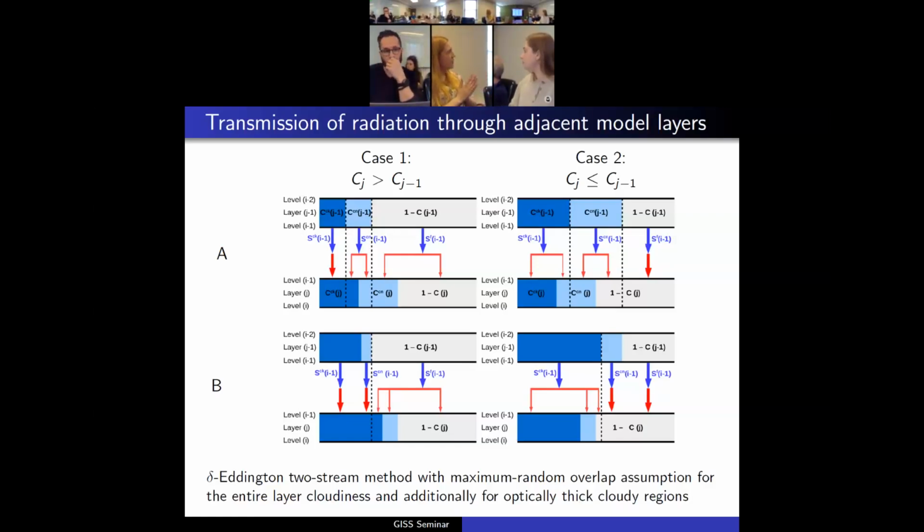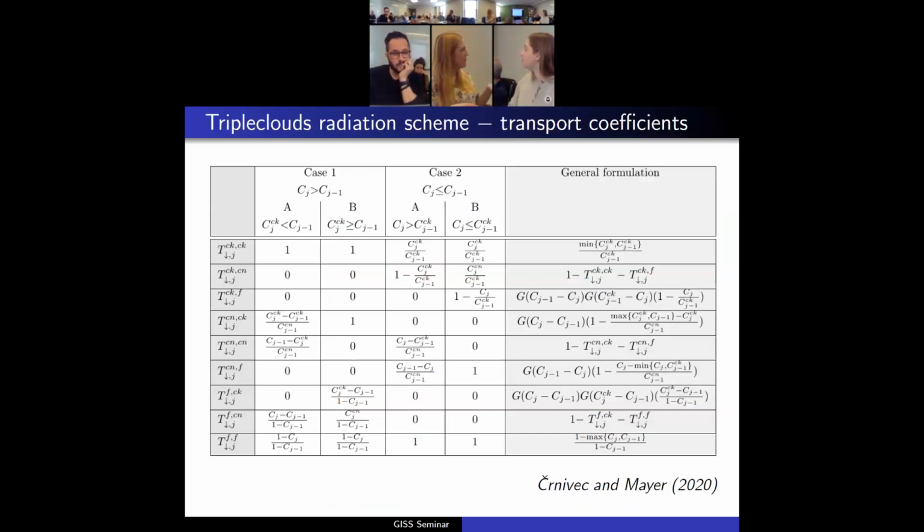And then each of these two cases have two subcases, A and B. I wouldn't go into details here. I just want to tell you that I had to divide these fluxes between different regions in accordance with the sizes of individual regions. And based on this scheme, I have derived this table of overlap transfer coefficients.